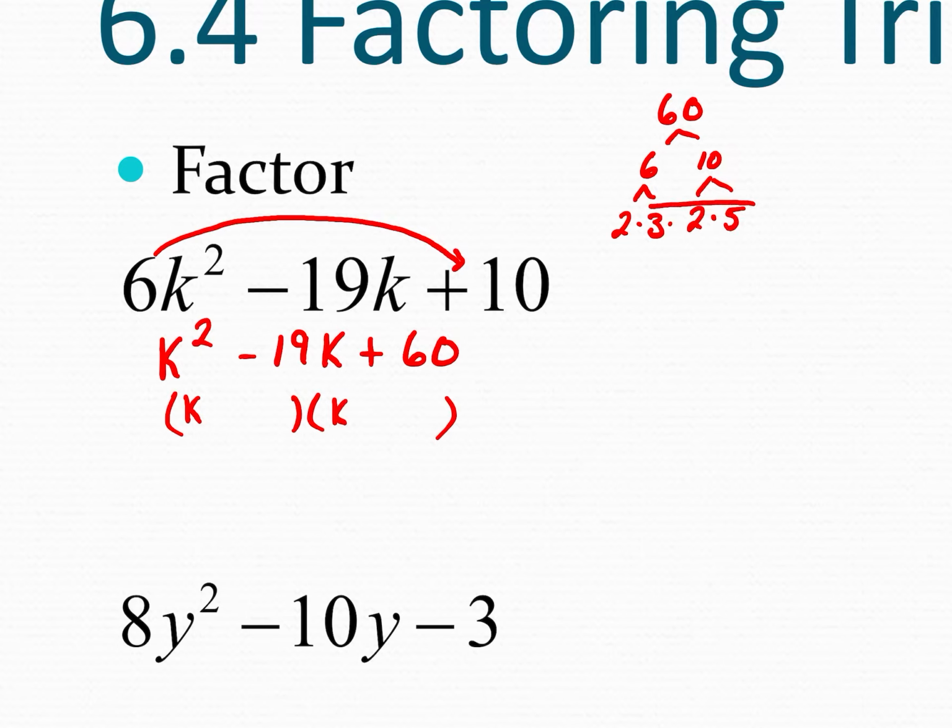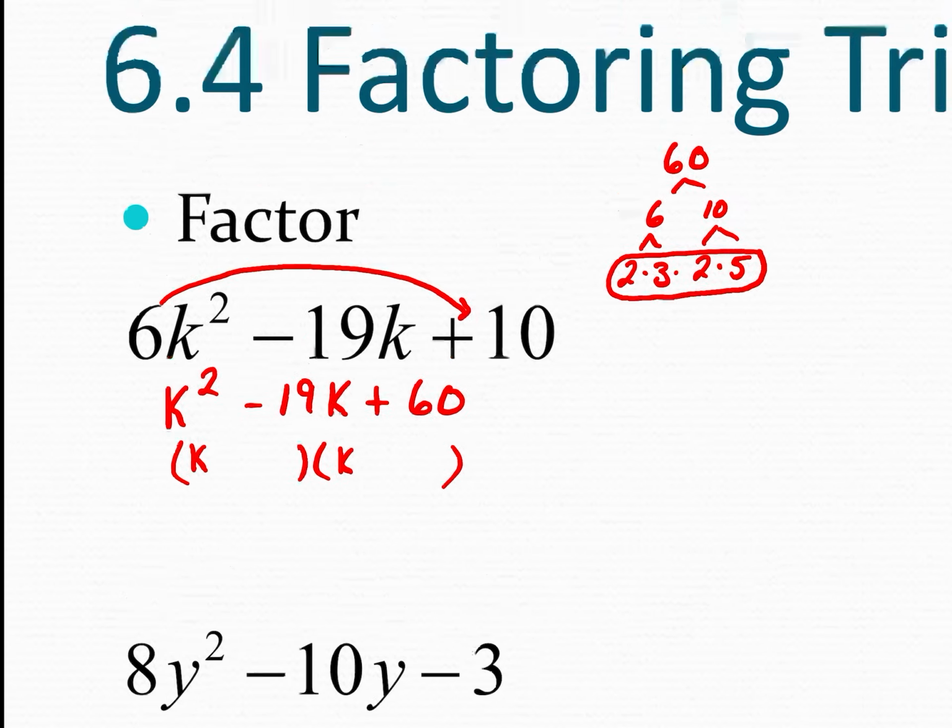Some combination of these four numbers multiplied together would give us what we're looking for. If the numbers need to add to give 19, both of them have to be less than 19. And we know 6 and 10 don't work because 6 and 10 is 16 if you add those.